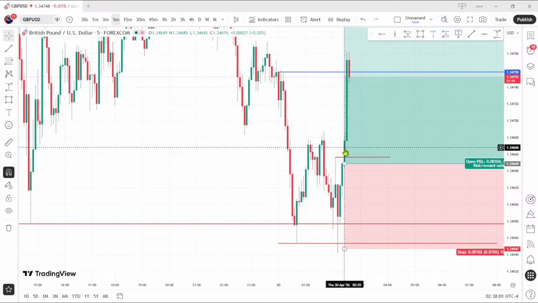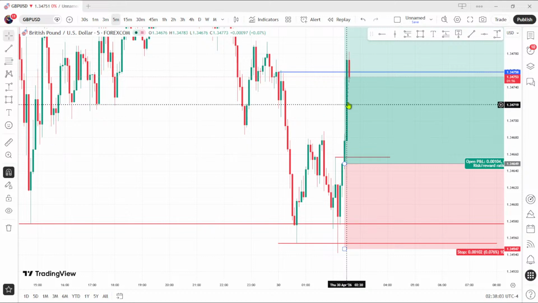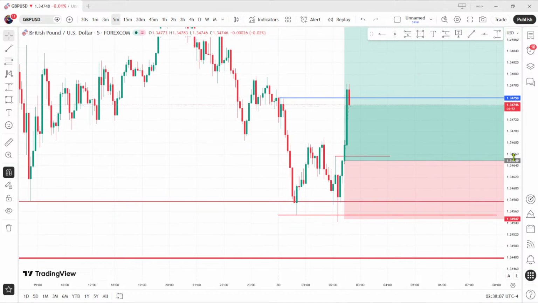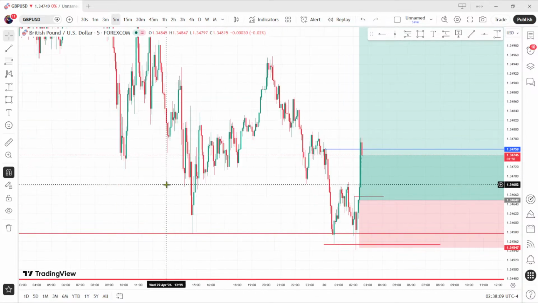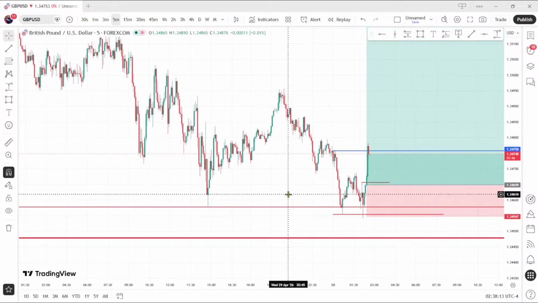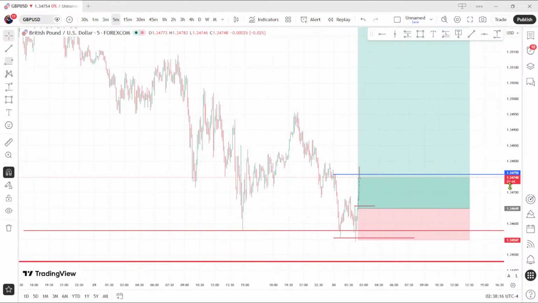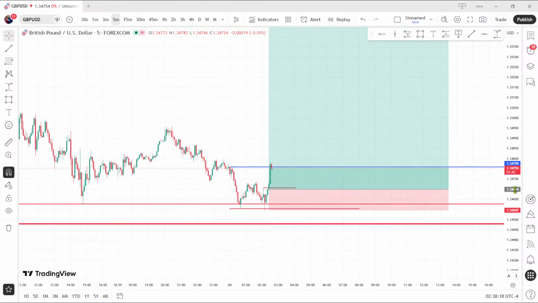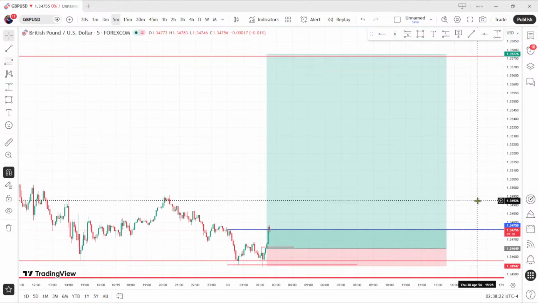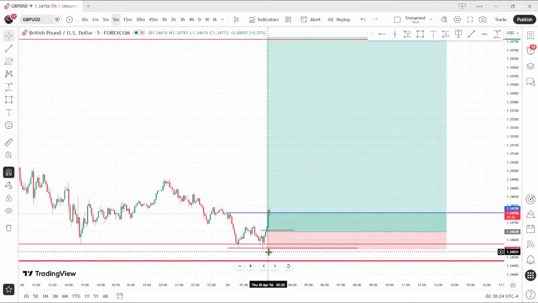This one, price can also come to here, or after closing the first fair value gap, then price starts to rally higher. But I've showed you this one, told you I don't want to see price coming below this.